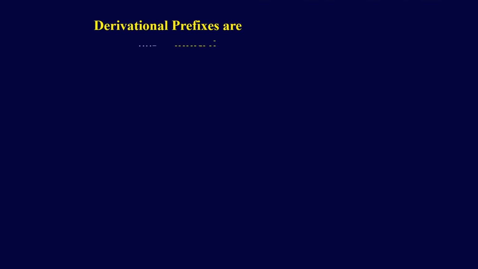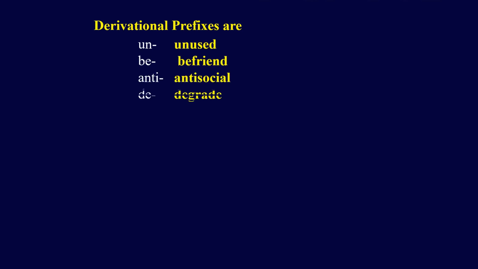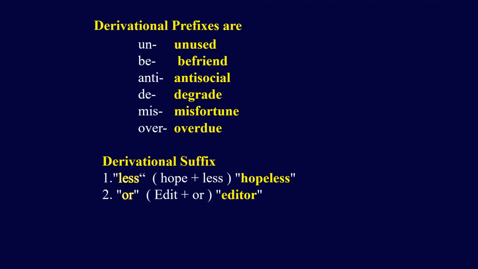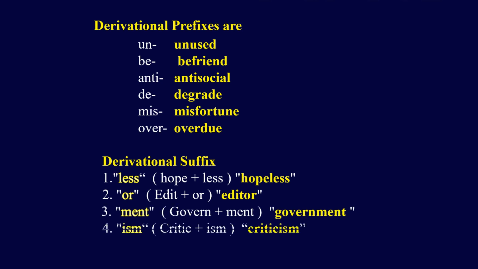Other derivational prefixes are un, unused, be, befriend, anti, antisocial, de, degrade, mis, misfortune, over, overdue. Derivational suffixes: less, added to hope creates hopeless, or er added to edit creates editor, ment added to govern creates government, ism added to critic creates criticism.